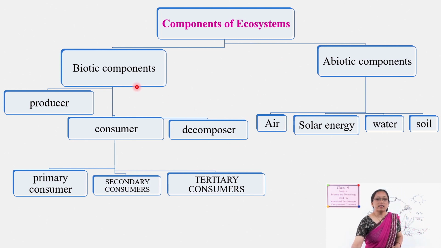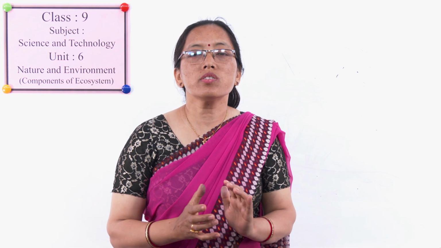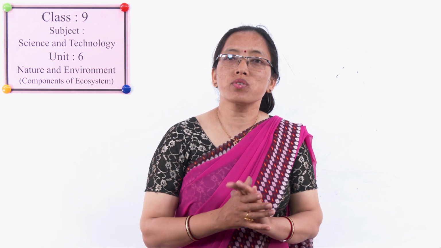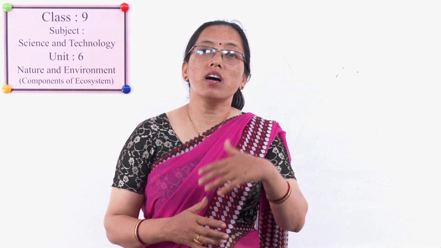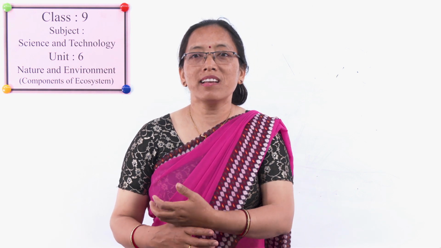Mainly these are divided into two types. What are those? Biotic component and abiotic component. Biotic components means what? Those organisms which possess life are called living components, living organisms, or biotic components. Bio means life.